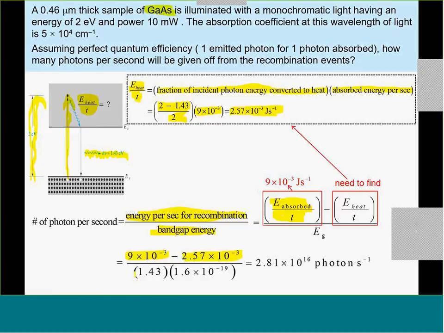Then 1.43 eV is the E gap of our gallium arsenide, and of course we change it back to the SI unit, so we are able to get about 2 times 10 to the power of 16 photons per second, which is a high number.